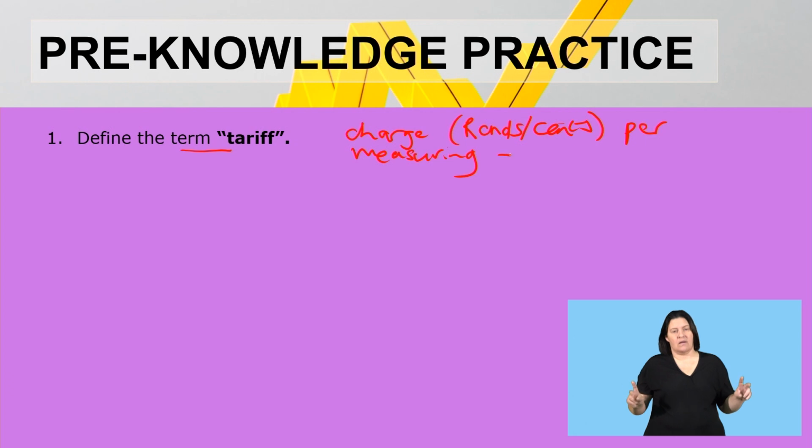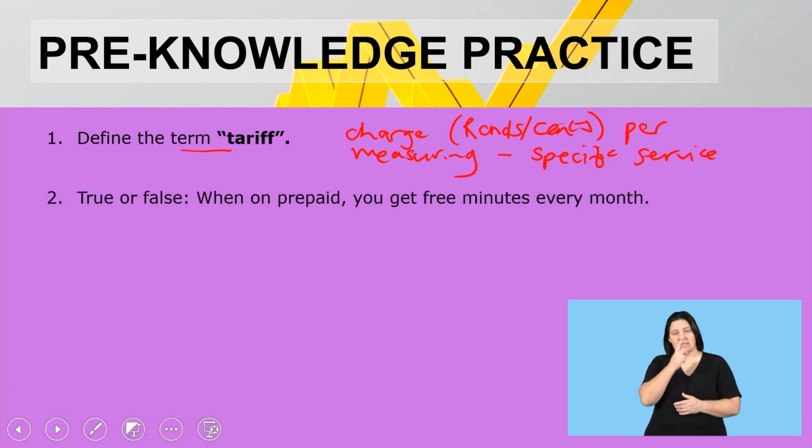And this is for a specific service that is being delivered to you. So I hope that is clear. Define the term tariff. It is a charge, normally in rand or cent, per measuring unit, and that's for a specific service.